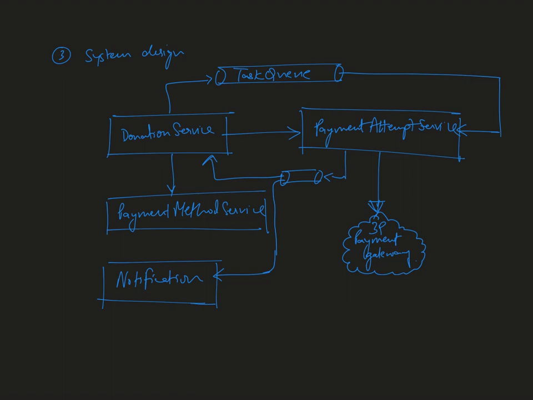Okay, cool. So hopefully that gives you a pretty good high level view of how this system could be designed. It's worth digging into a couple of things. The first thing to think about is, what happens if the client makes duplicate requests to make donations, or for that matter, the donation service calls the payment attempt service twice, right?